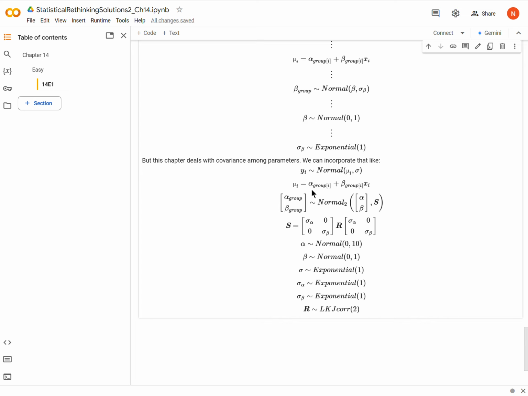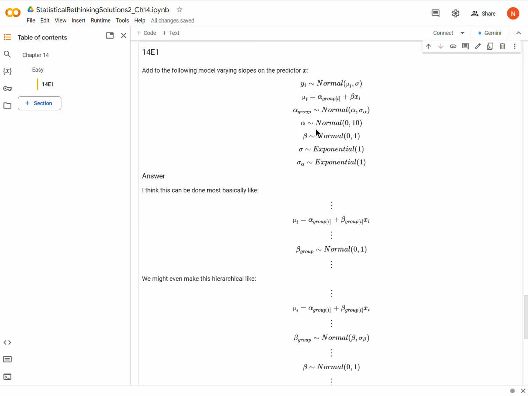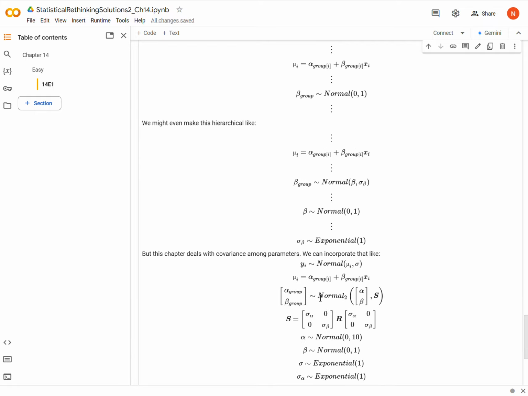If you go back up, we said that alpha and beta were themselves normally distributed, and so that suggests that we can wrap these together into a single distribution, a multivariate normal distribution, which I am denoting here as normal with a subscript 2 to denote that this is multivariate normal with 2 dimensions, I guess.